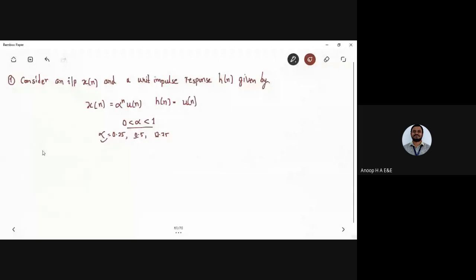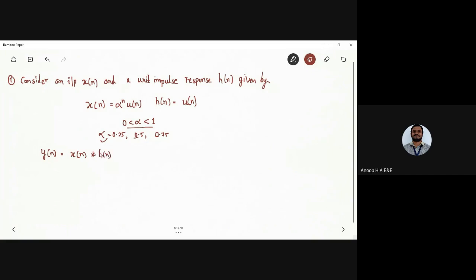And we know that y of n, in convolution terms, equals x of n convolved with h of n.